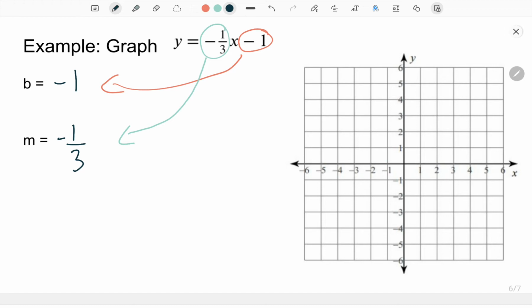So we have those 2 values. Now let's go ahead and create the graph. Okay, so starting things off, we start with our y-intercept and go to -1 along your y-axis. So again, I'll just label it for us just so we remember what it is. So this is the y-intercept.